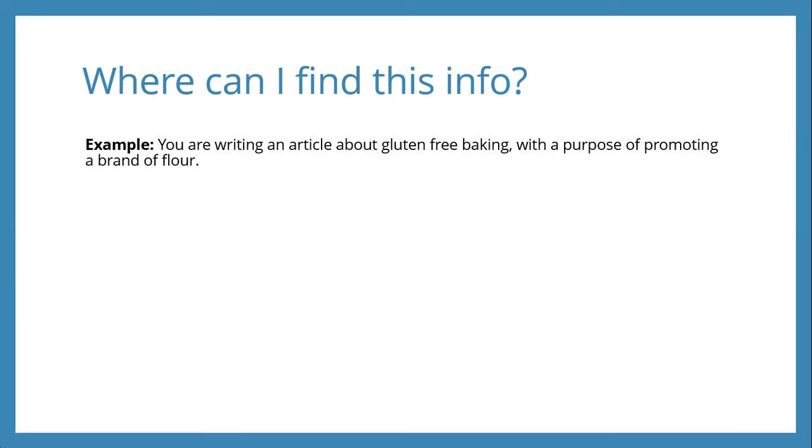Now, you might be wondering, where can I find this information about my target audience? Well, let's look at an example. Now, you're writing an article about gluten-free baking with the purpose of promoting a brand of flour.